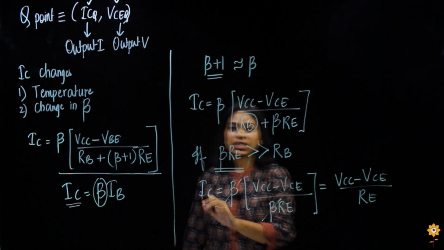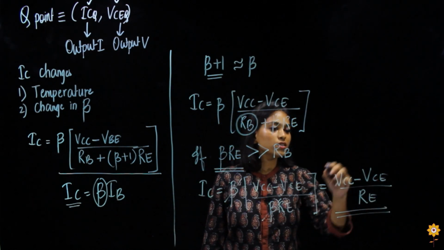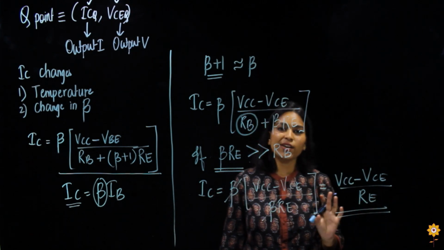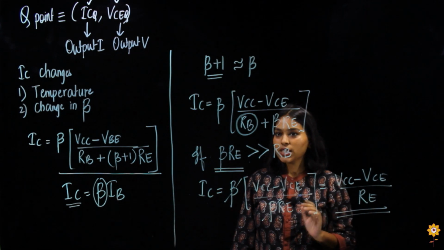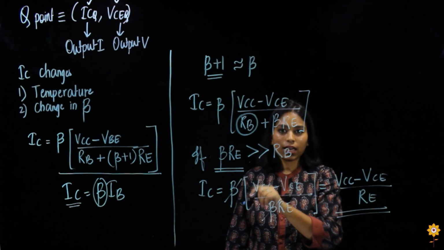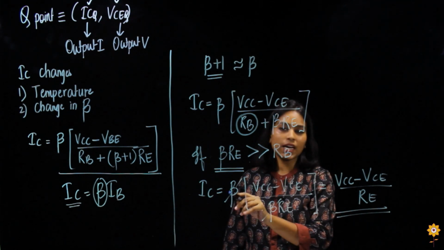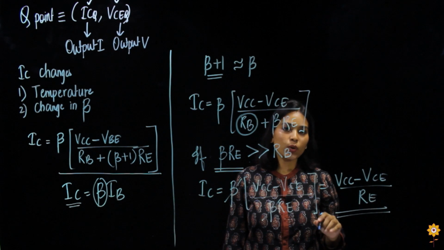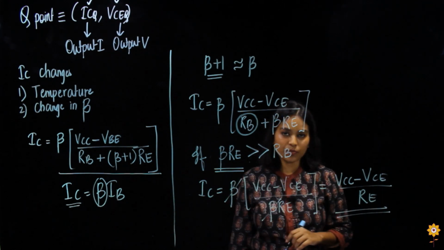Now we can see that IC is equal to this term over here, and this is independent of the value of beta. We can see there is no beta present over here. Just because of the presence of RE, this term beta RE has gone away, beta and beta have gone, and the final equation is independent of the beta term.